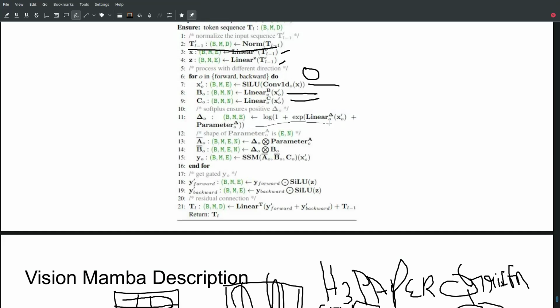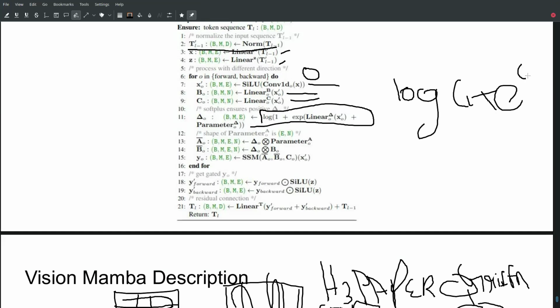You parameterize it with this formula: log of 1 plus exponential of the linear projection of x into delta, plus an initial parameter to start on, like delta equal to 0.1.